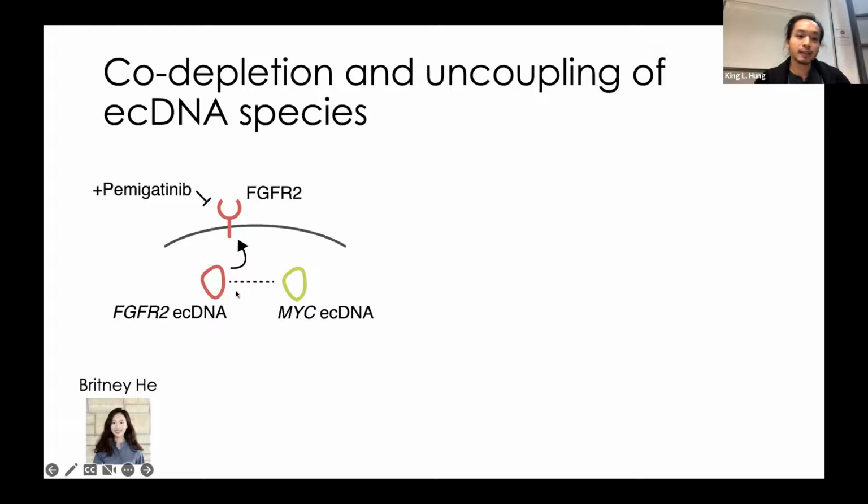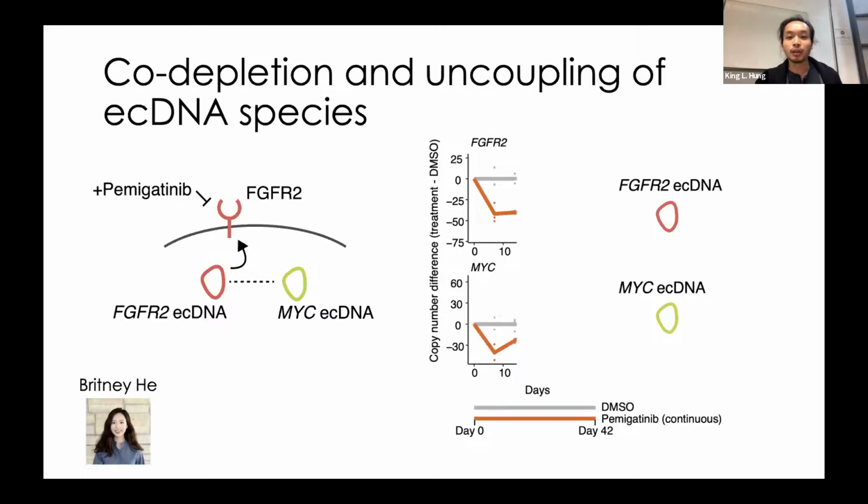The FGFR2 ecDNA encodes the FGF receptor, which can be inhibited by a drug called pemigatinib. So we treated these cells with pemigatinib and asked what happens to the copy numbers of ecDNAs over time. So we measured the copy numbers of both FGFR2 and MYC ecDNAs over time.